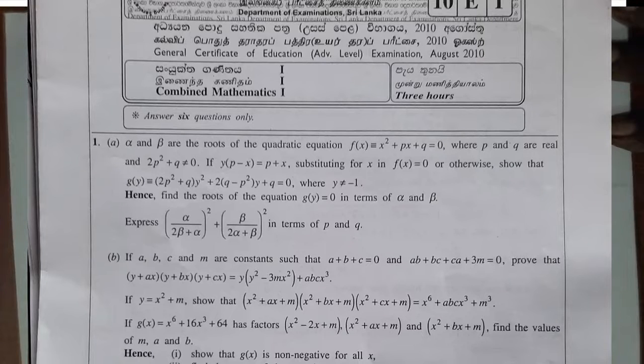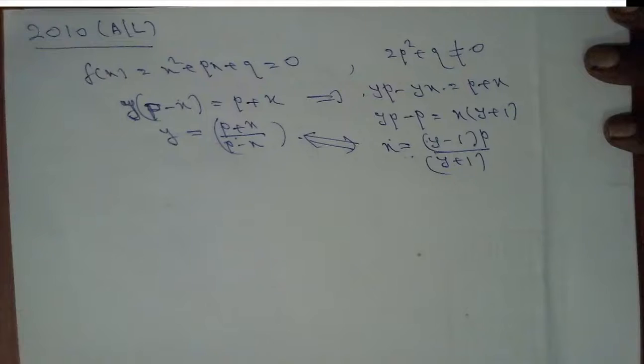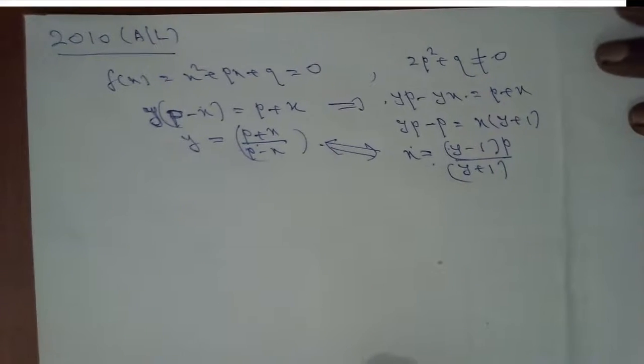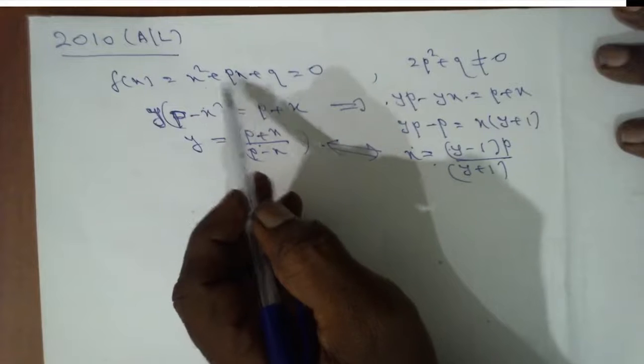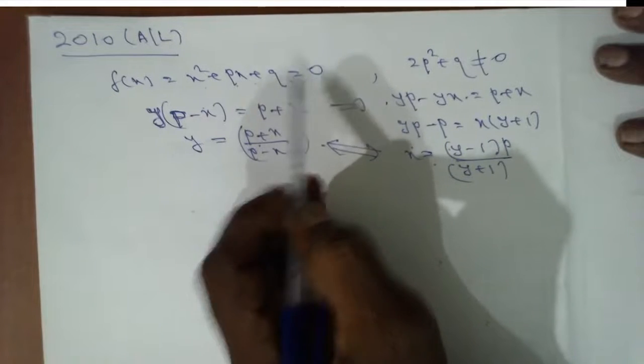Okay? So you can make x the subject. So you have a relationship like this. The equation is f(x) equals x squared plus px plus q.